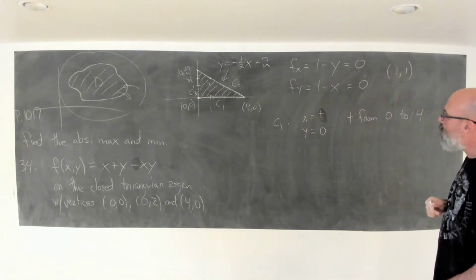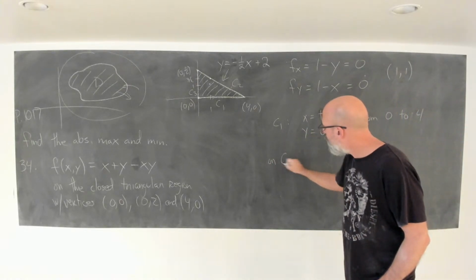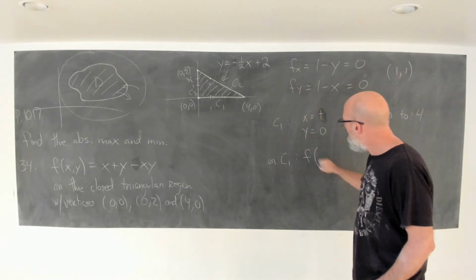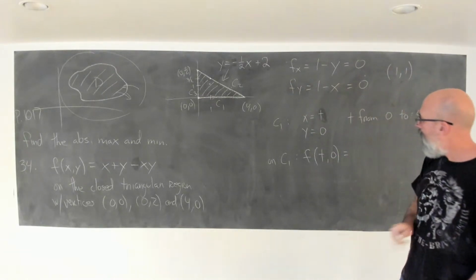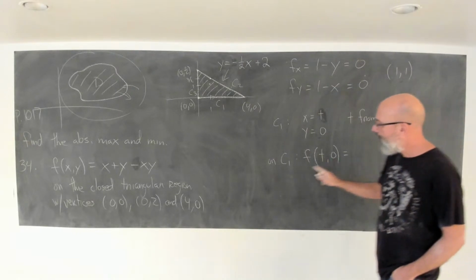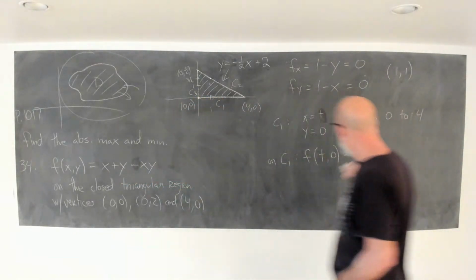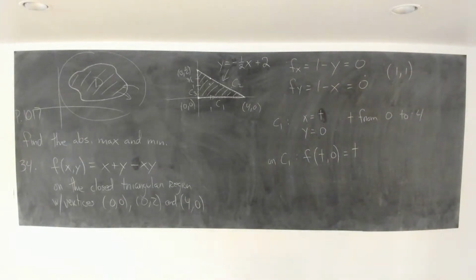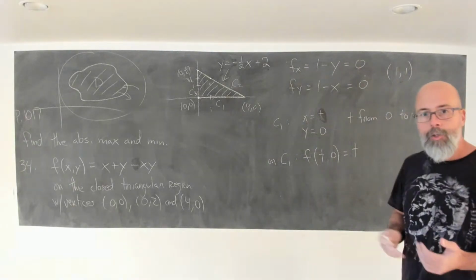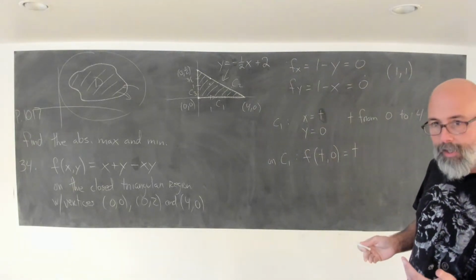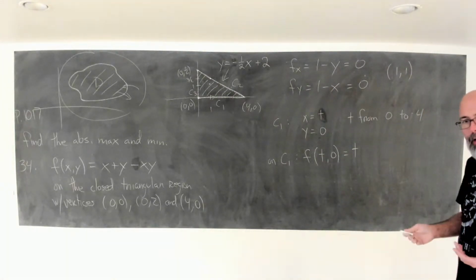Exactly as Louis suggested. So on C1, your function evaluated at t, 0, when x is t and y is 0, you just have the function t. So now you know how to maximize that and minimize, right?